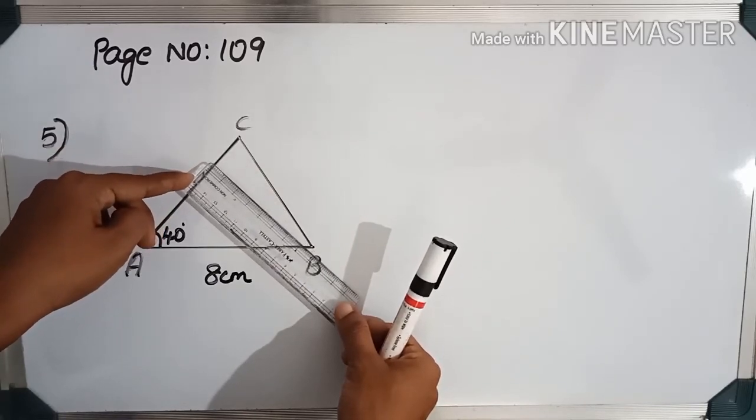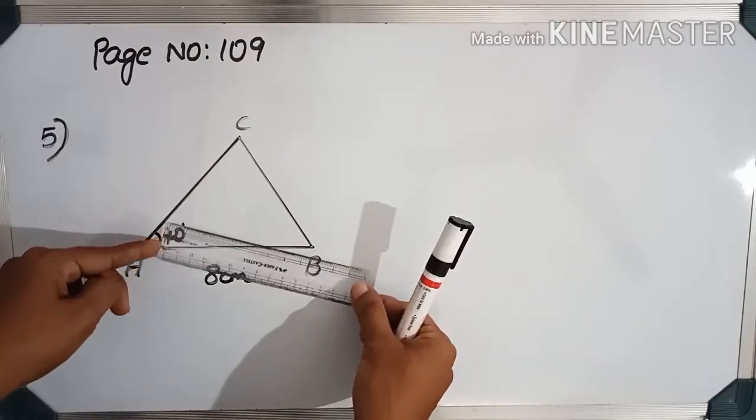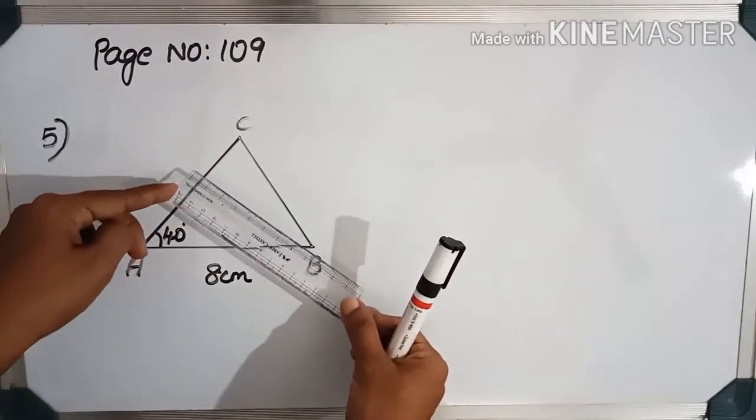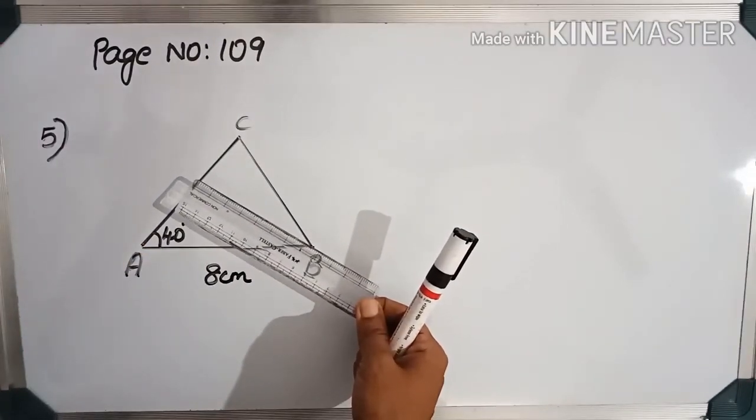After a particular point this measurement will be increasing. That means the minimum length is the exact middle measurement.